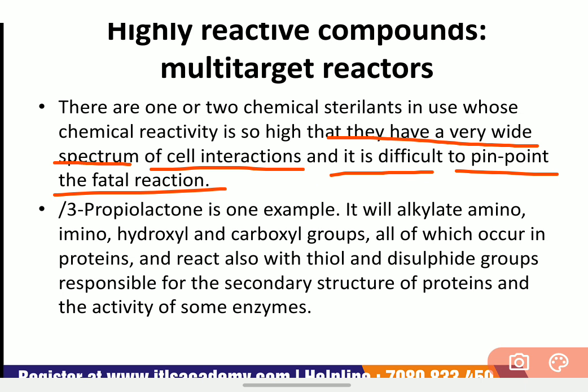In fact, it is safe to say that there is no single fatal reaction, but that death results from the accumulated effect of many reactions. One or two specific reactions of compounds in this category have already been referred to.